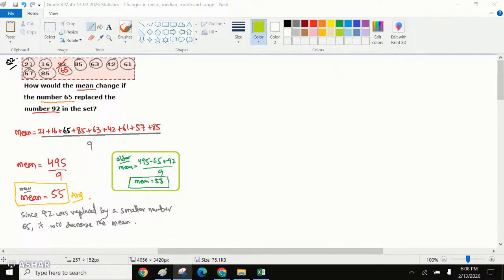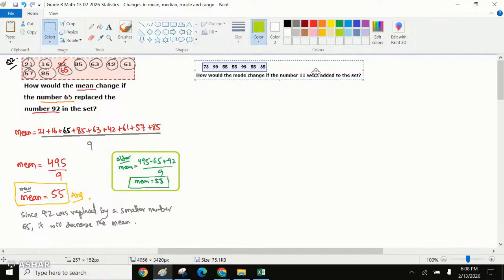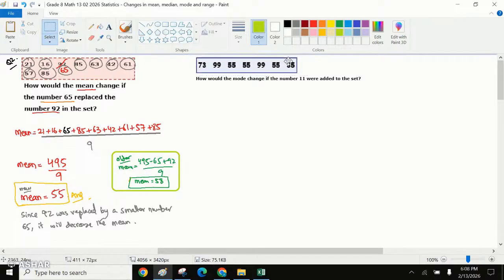The next question, question number 3, states that we want to see the mode. And mode means most repeated. How would the mode change if the number 11 were added to the set?